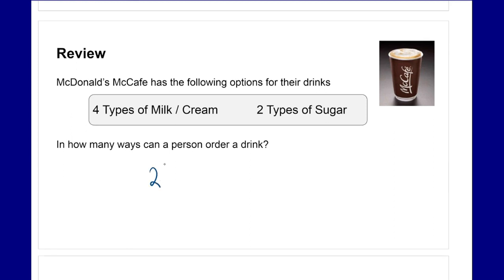We can say 2 to the power of 6 because we have 6 distinct items, with 4 different types of milk or cream and 2 different types of sugar, and 2 options for each: either picked or not picked. So 2 to the power of 6. We don't need to subtract 1 because we could have the option where we don't put any milk, cream, or sugar into our drink, and just have it plain or black.